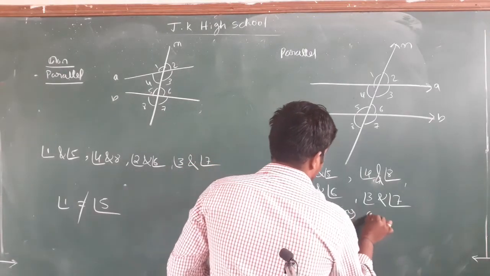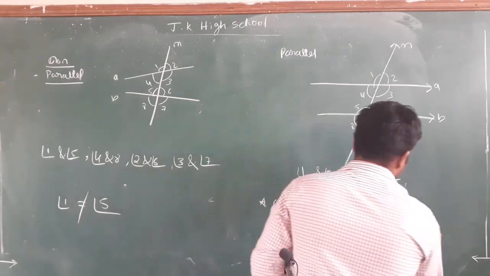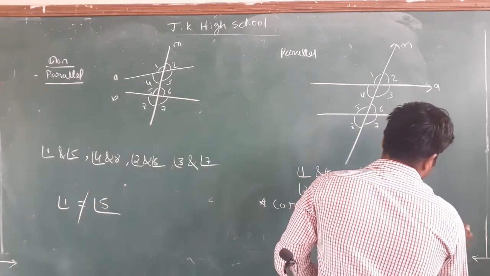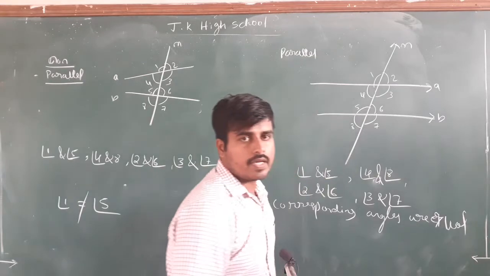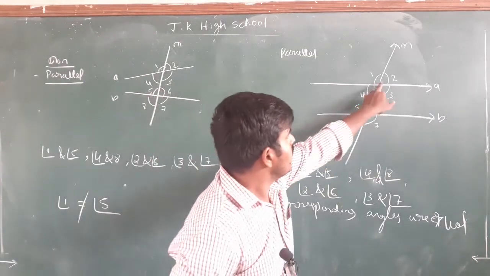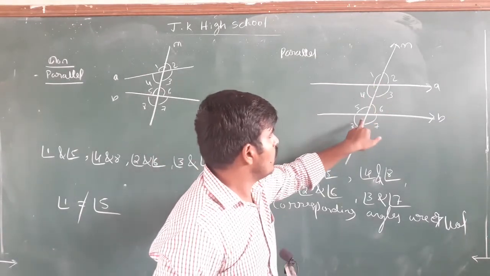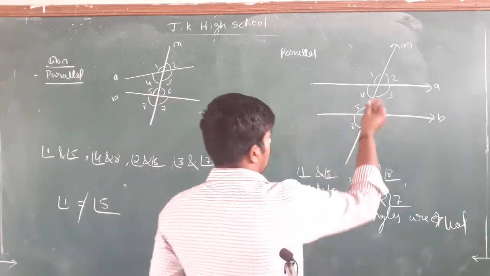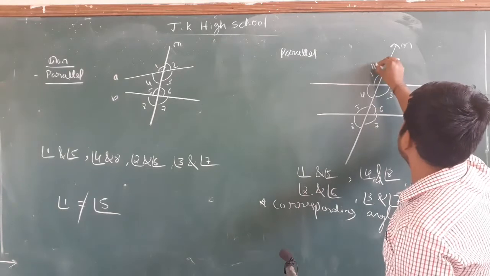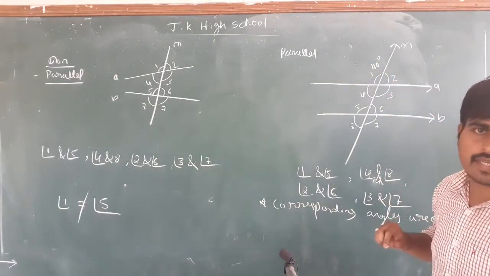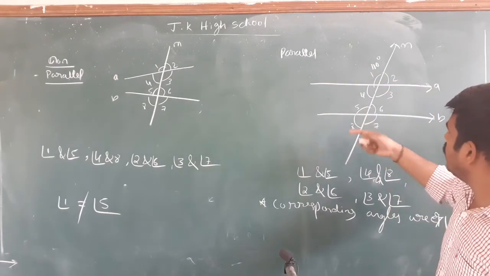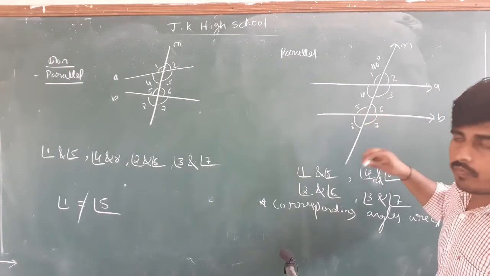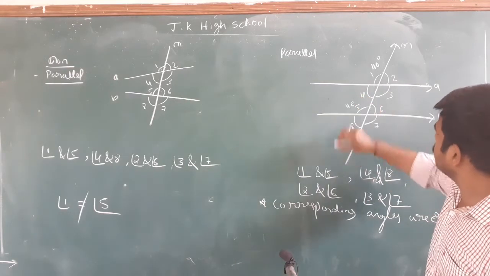Corresponding angles are equal. 1 is equal to 5, 4 is equal to 8. So you can easily write 1 is equal to 5. If you know angle 1, suppose this is 110 degrees, there is no need to calculate 5. 5 is automatically 110 degrees.